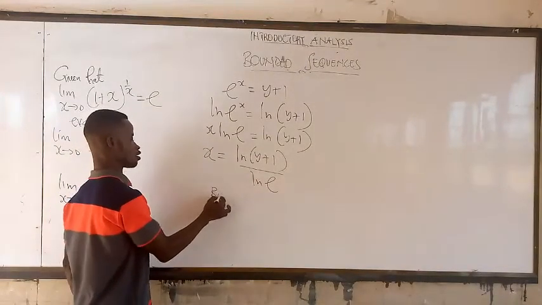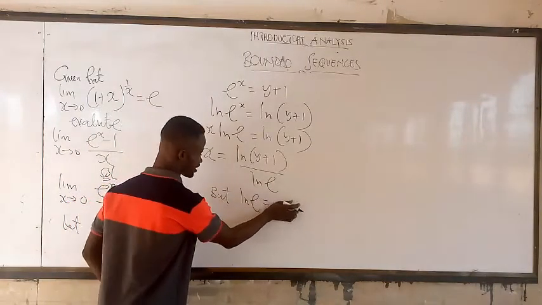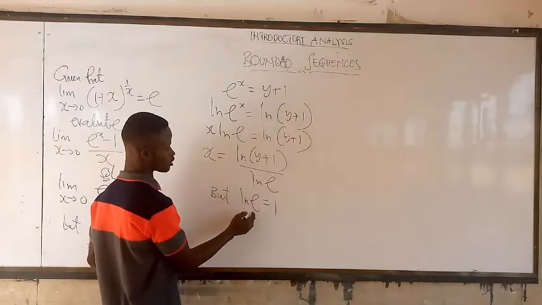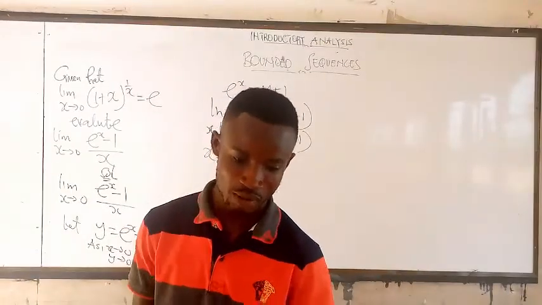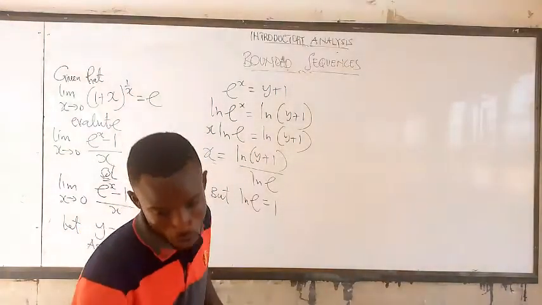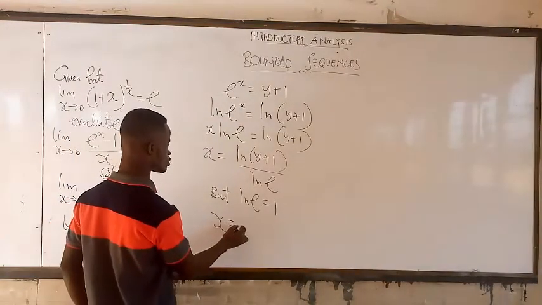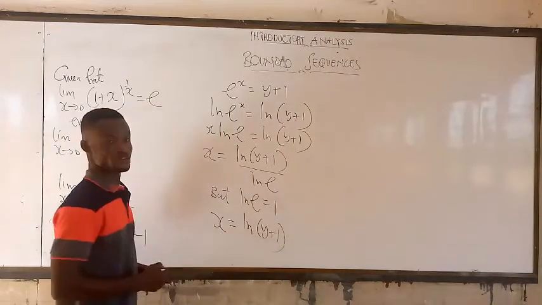But we know that ln e is equal to 1. Therefore, we get s to be equal to ln(y + 1).